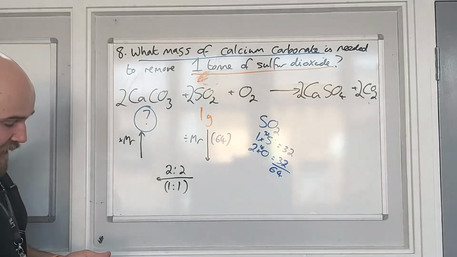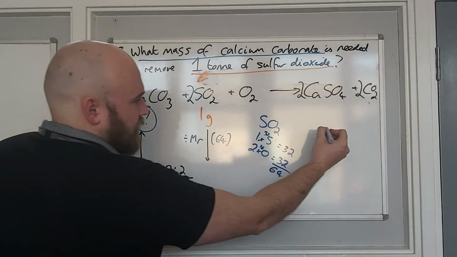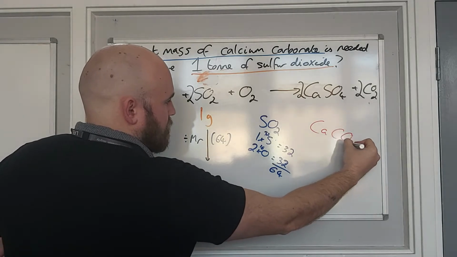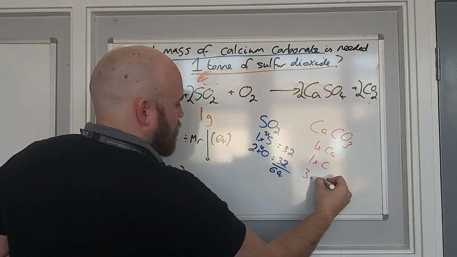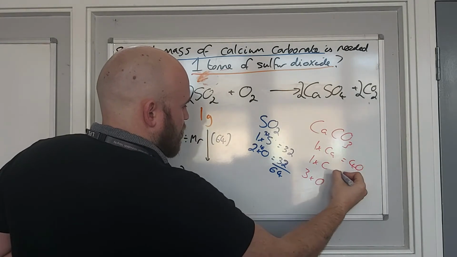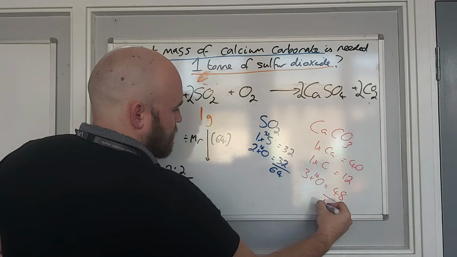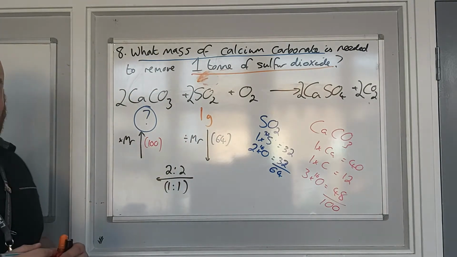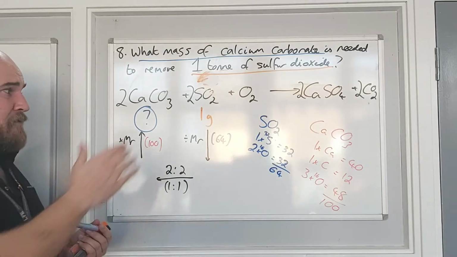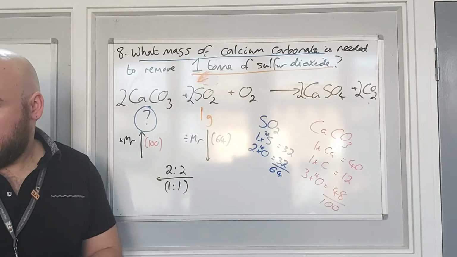And the same thing for calcium carbonate, CaCO3, it's 1 Ca, 1 C, 3 O's, 40, 12, 3 times 16 is 48. Add them together, should equal 100. And then, even if I've made a mistake now, as long as I carry through that mistake towards the end, I can still get quite a few marks on these calculations.